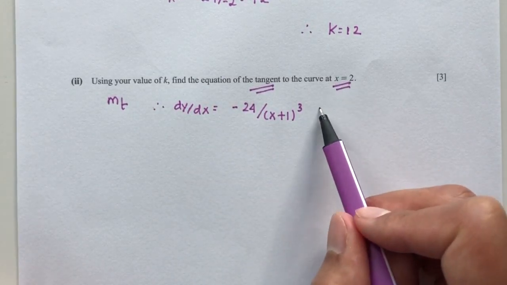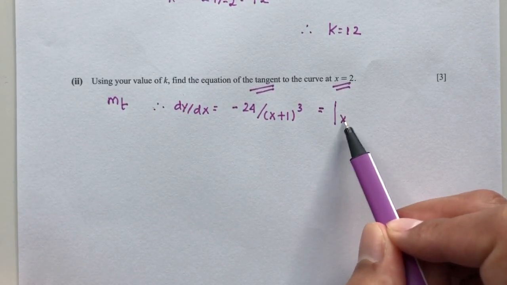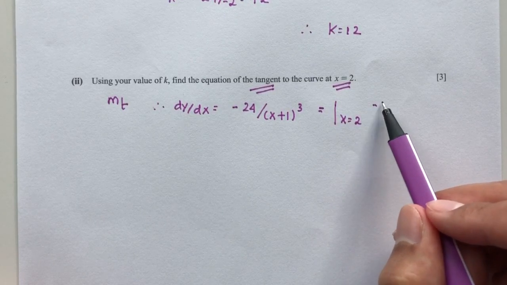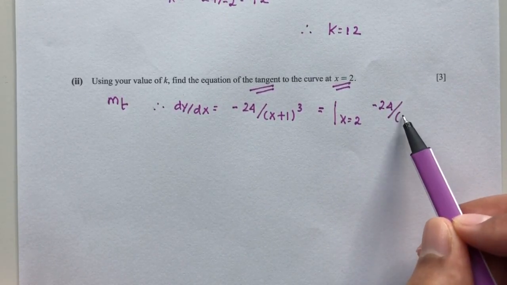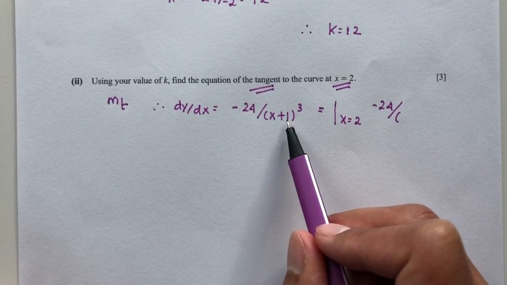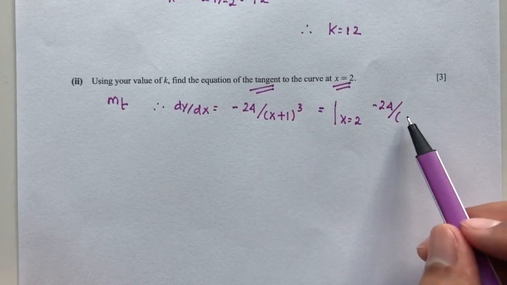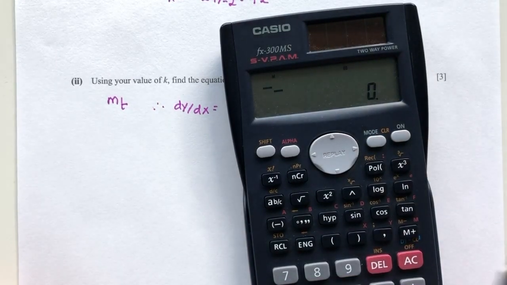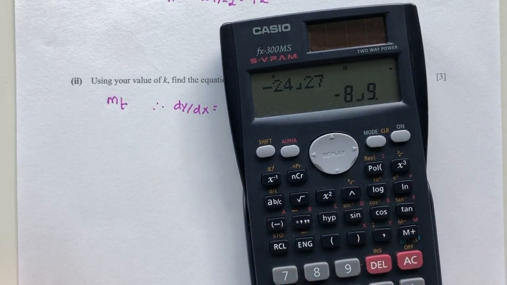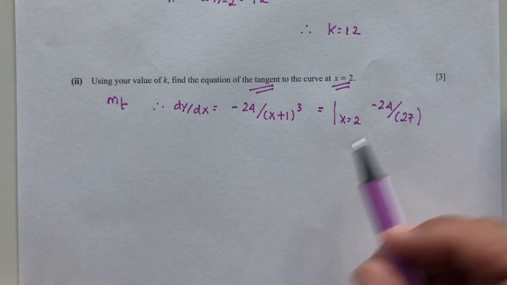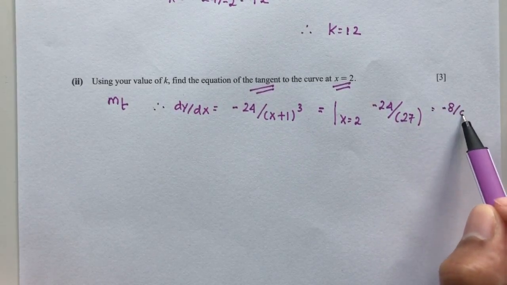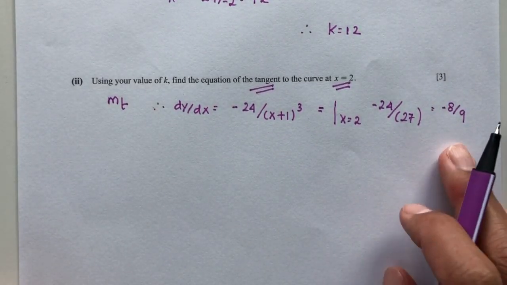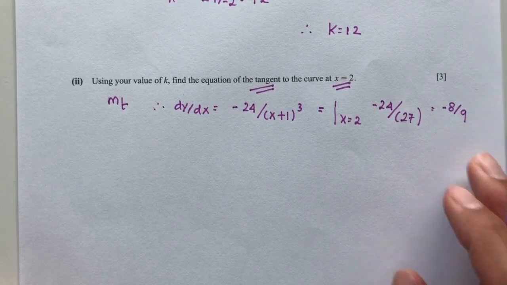So dy by dx will be minus 24 divided by 2 plus 1, which is 3, 3 power 3 will be 27. Simplify this, it will be minus 8 over 9. Okay, that will be the gradient of the tangent.